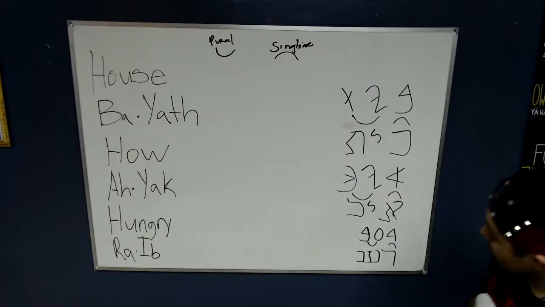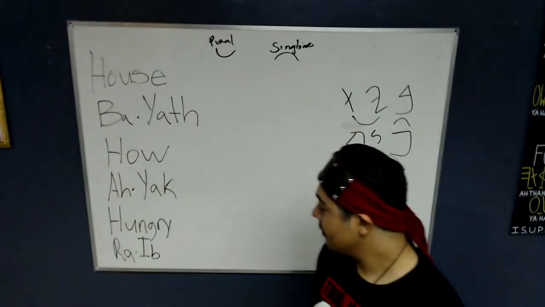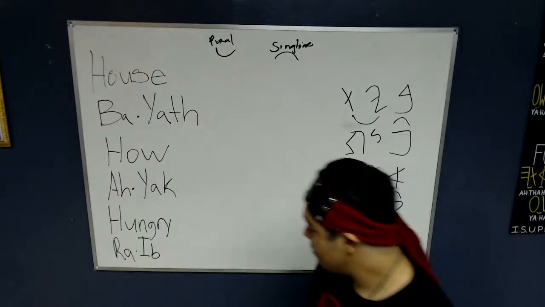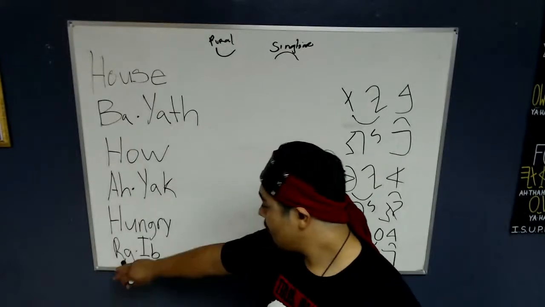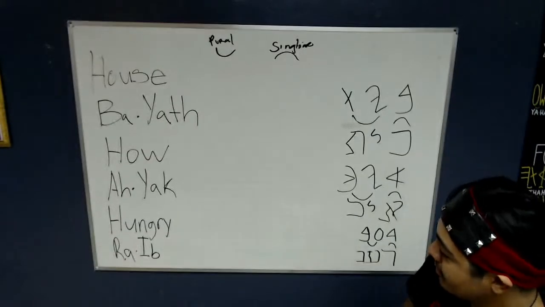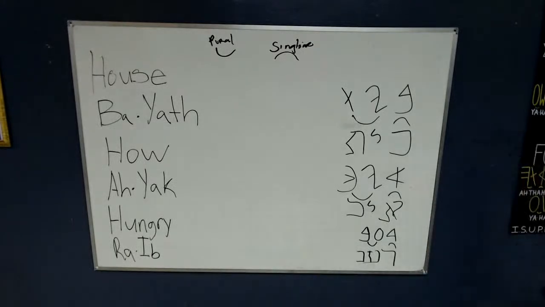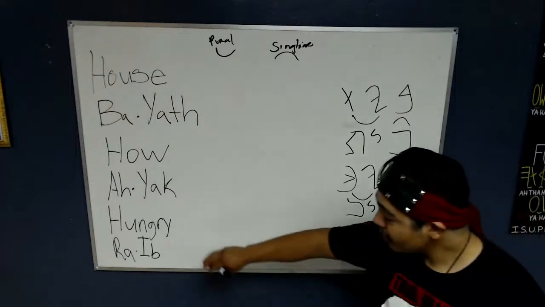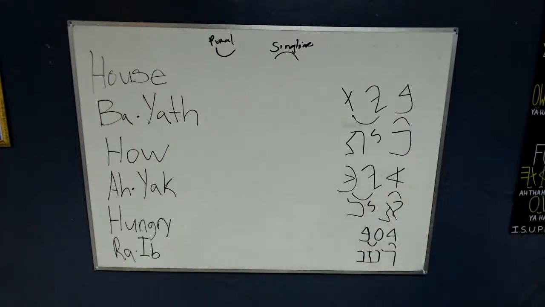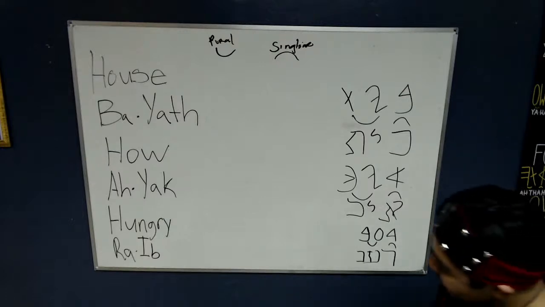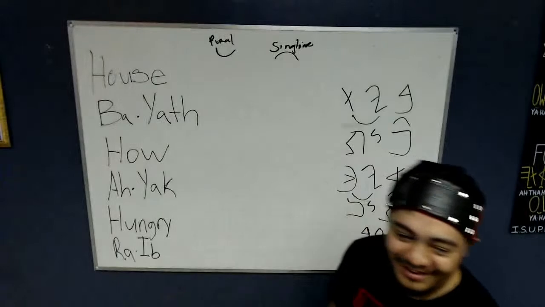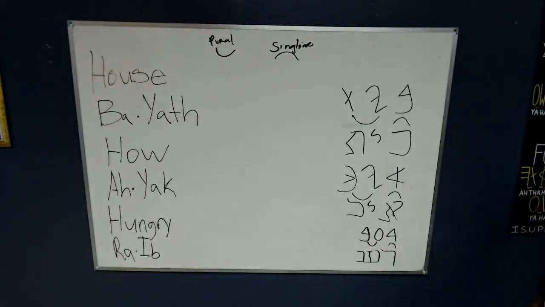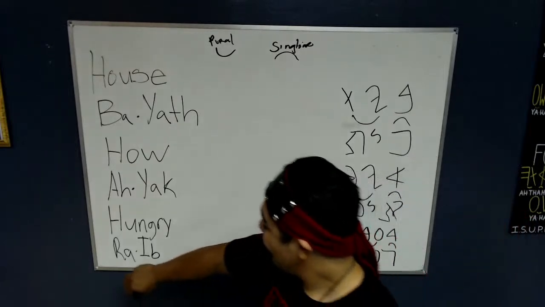Then we got hungry, right? Hungry, ra'ayb. Like the officer said, you're gonna need to learn how to say these words in Hebrew. You're gonna be hungry, you're gonna learn how to say hungry in Hebrew, to make them understand, and so you can understand them as well, right?